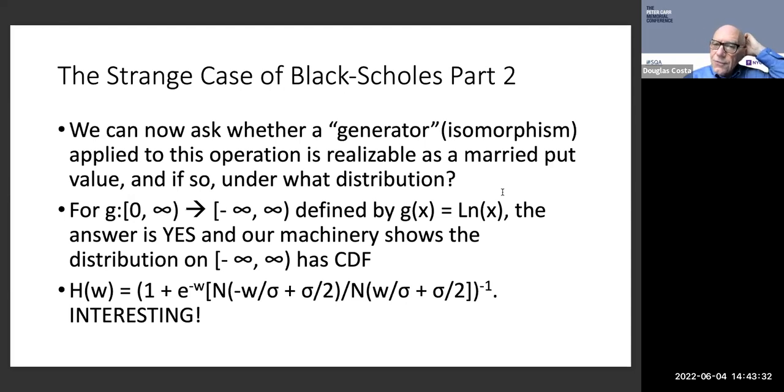And the machinery we've developed shows that the distribution has this cumulative distribution function, replacing, say, the logistic. If we used capital H here as logistic, we would get an associative operation, but using this one, we get the non-associative operation on minus infinity to infinity that is isomorphic to the Black-Scholes binary operation on the positive real line. So interesting.